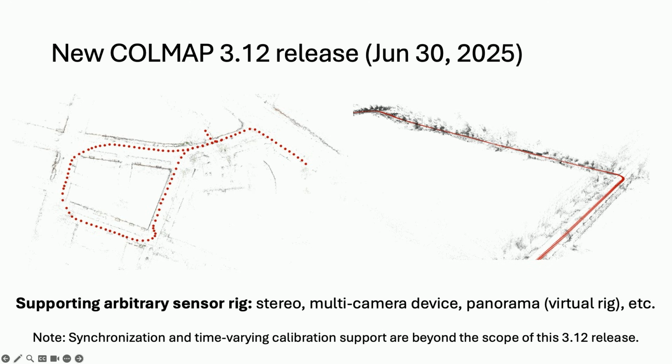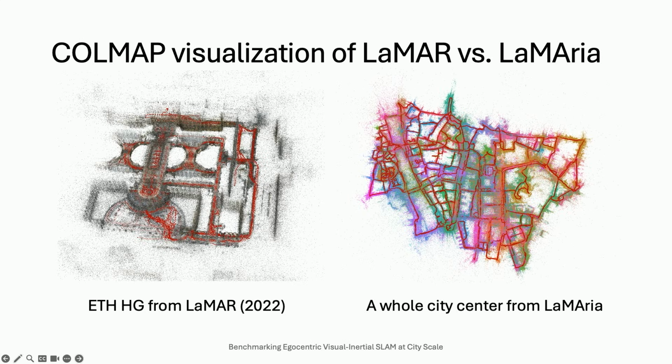And with all the prototyping happening in the COLMAP format, we can compare two SFM visualizations: the LaMAria dataset from 3 years ago and the SFM point cloud of the LaMAria dataset.